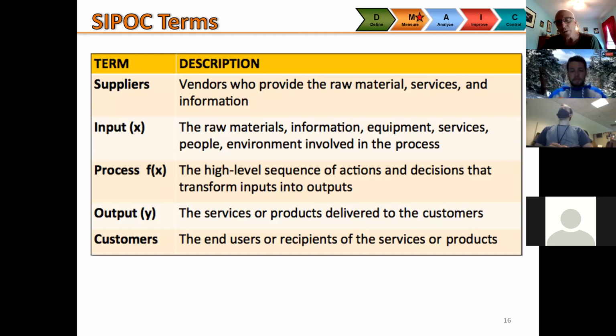The process itself is what we want to do in that process step. Usually it's a verb and a noun, like move pallet, or you'll see feed dog. We're going to do a feeding a dog one. And then the outputs are the services or products that are delivered to the customer. And then the customers are the end users.